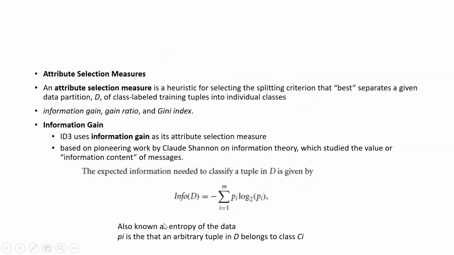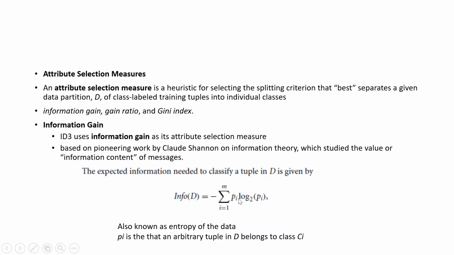This formula stands for the entropy of a particular data set. It is the expected information. Any time we talk about expectation or expected value, it is actually an average, or a weighted average. So here also you have a weighted average: the probability p_i times log p_i.